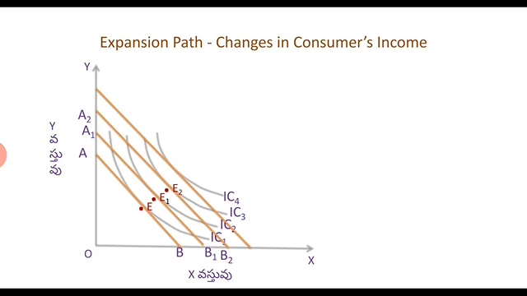With more increase in the consumer's income, the consumer can attain combinations giving more satisfaction, and shifts his equilibrium from E2 to E3.